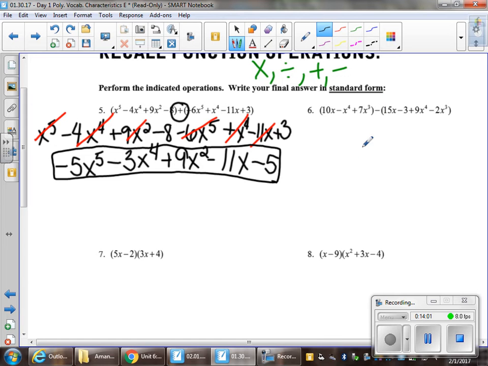What about this one? What are we distributing? Negative. What does this minus sign really mean? We said this is really a positive 1 that we're distributing. So what are we distributing in this one? A negative 1. So we're going to distribute it to every single term.